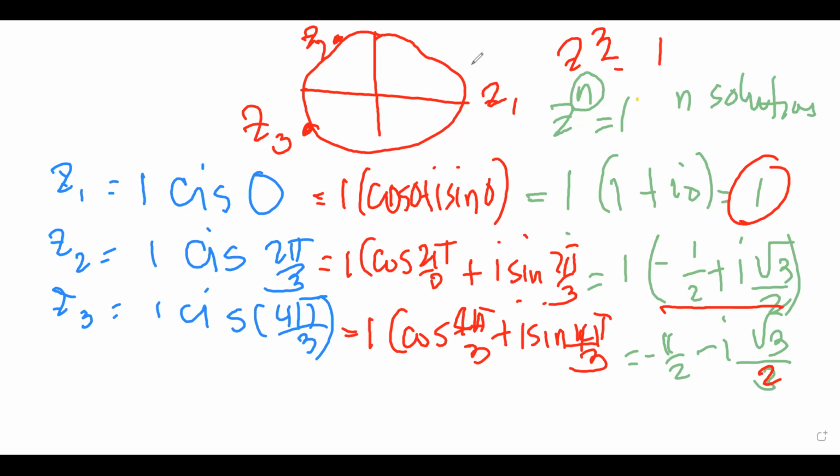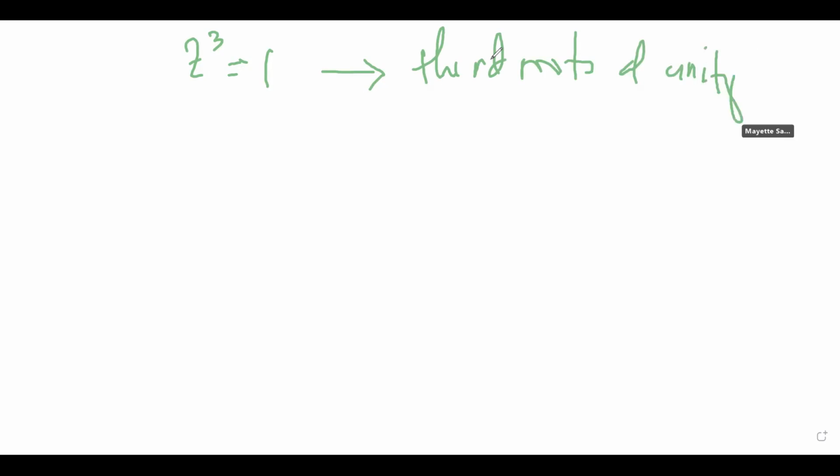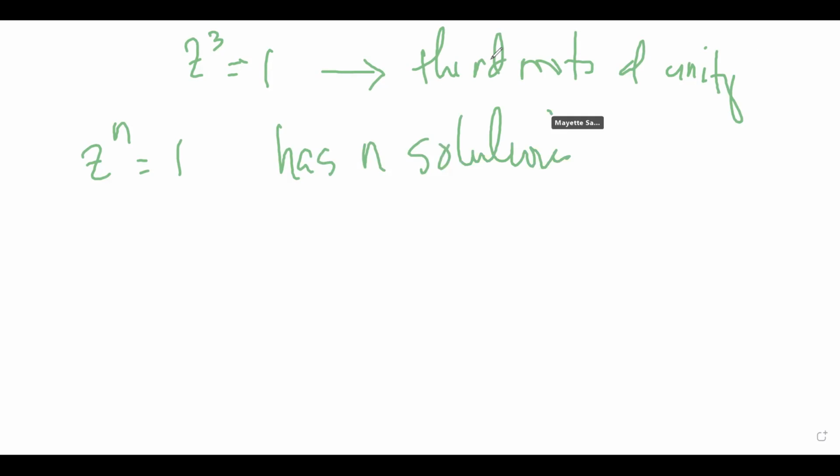So in the previous example that I showed, z cubed equals 1, we call this the third roots of unity. So if you have z to the n equals 1, it has n solutions.